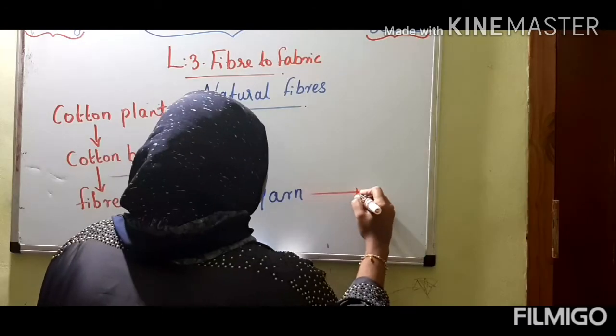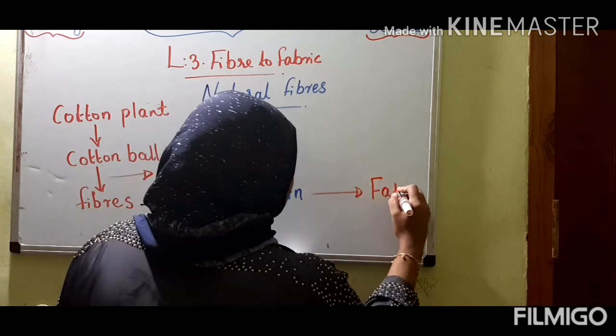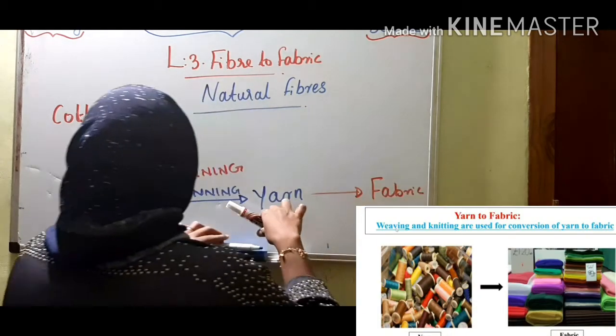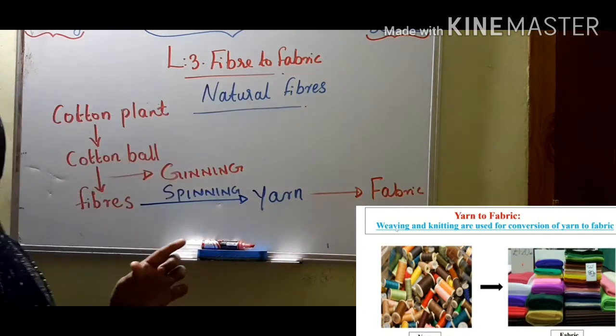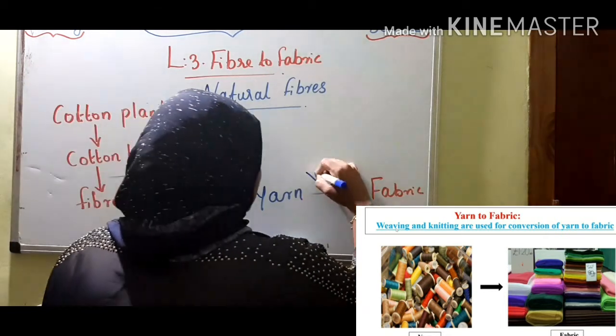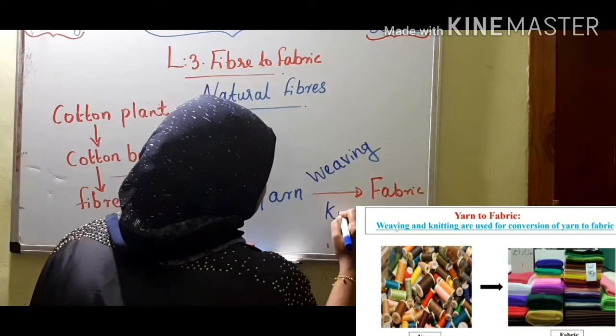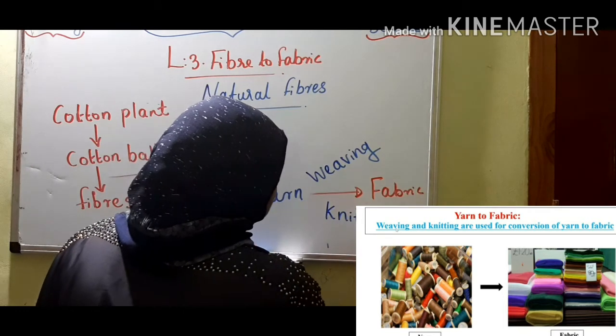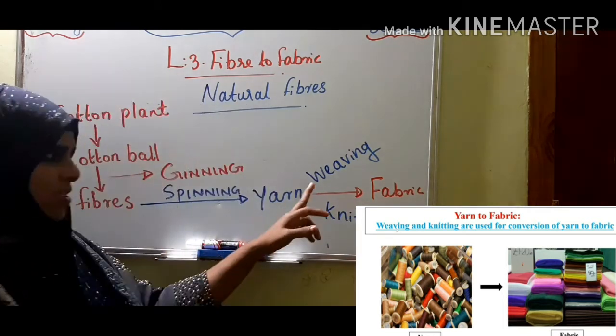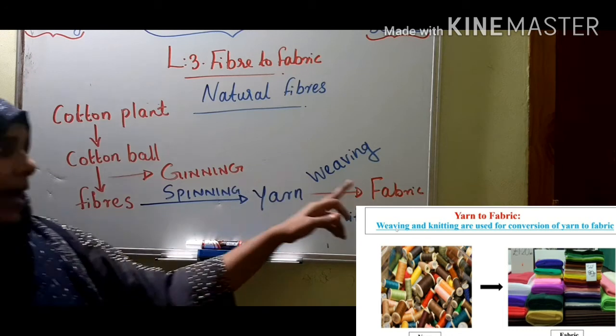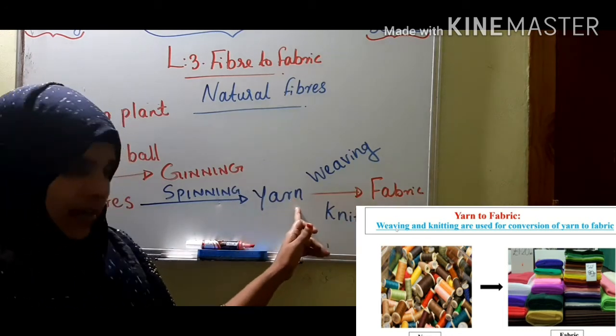We make the fabric through two methods, weaving and knitting. Through these two processes we make fabrics from yarn. Clear?